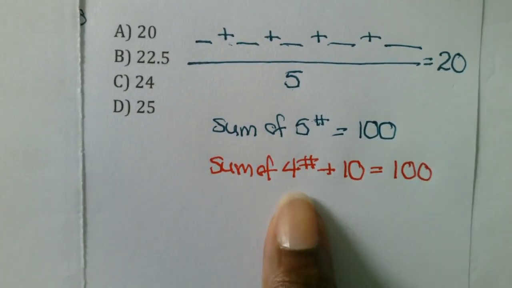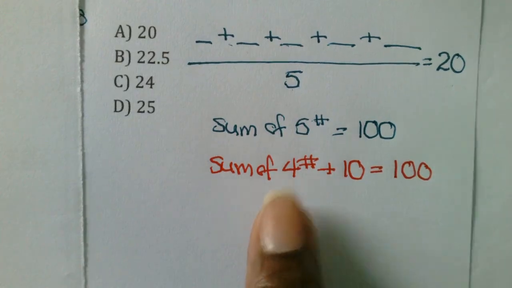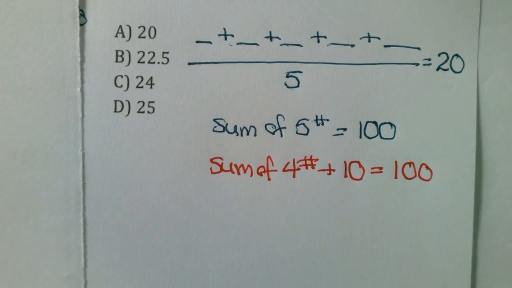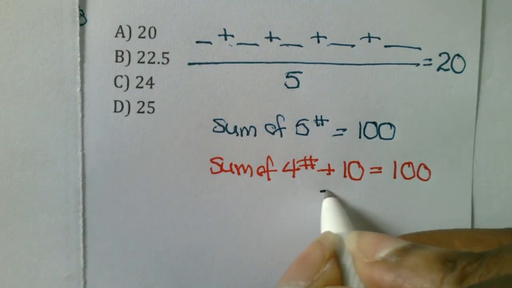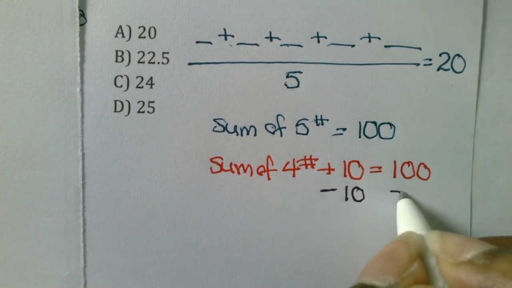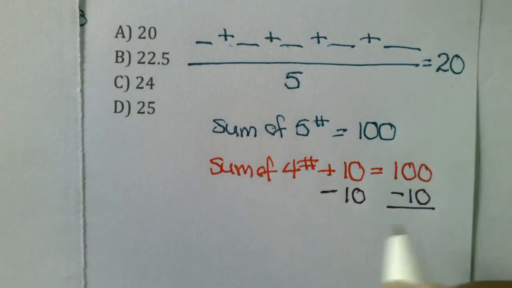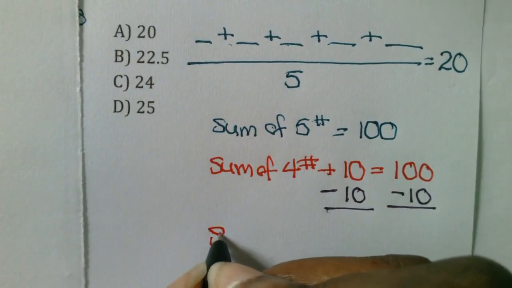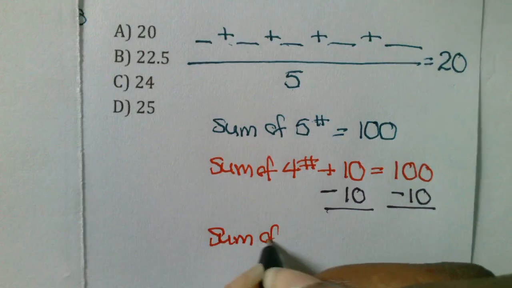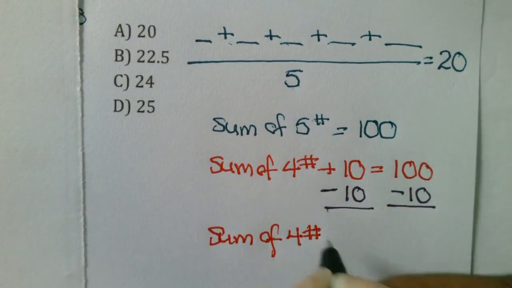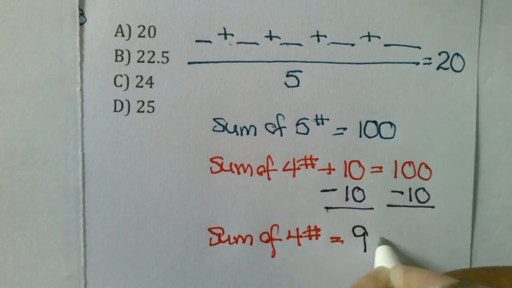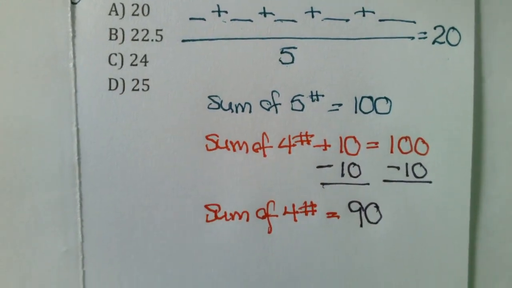But now we want to figure out what those 4 numbers are. If I was just solving a regular equation, I would subtract 10 from both sides. So now I have the sum of 4 numbers equal to 90. Because 100 minus 10, that gives me 90.